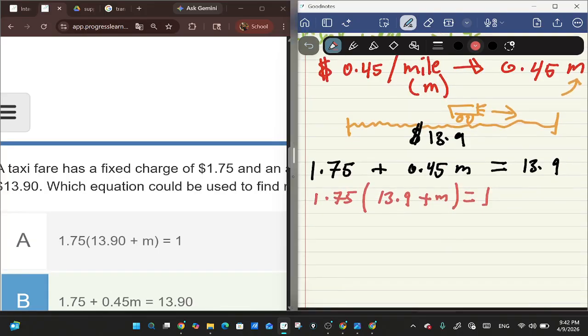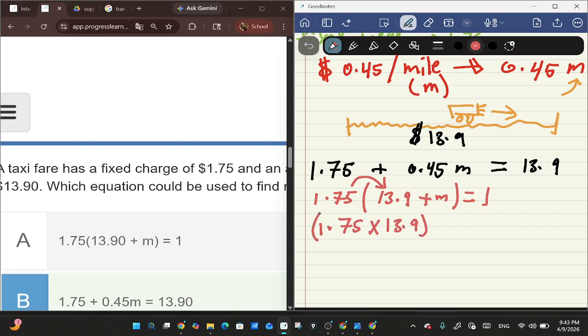Now we can use the distributive property like this. So for example, 1.75 multiplied by 13.9, then added to 1.75 multiplied by m, all that equals 1.